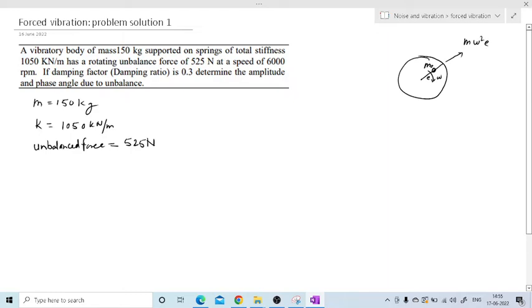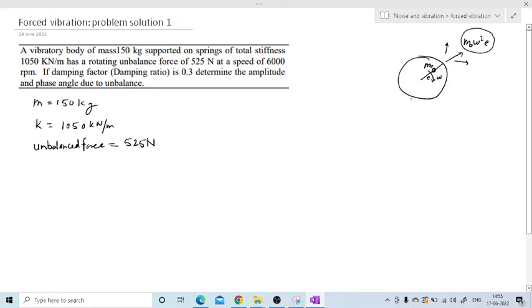Here we have considered the radius is e and the mass is m0. Means in this rotating unbalance, the unbalanced force is m0 omega square e. And if we resolve this, then the vertical component will come as m0 omega square e sin omega t. So this is the unbalanced force in any rotating system.